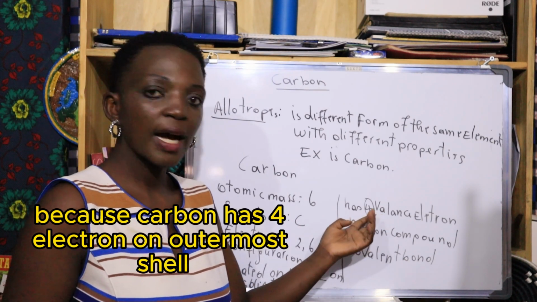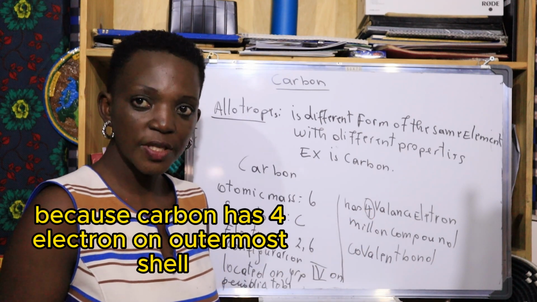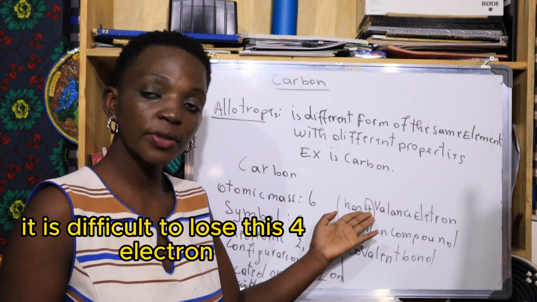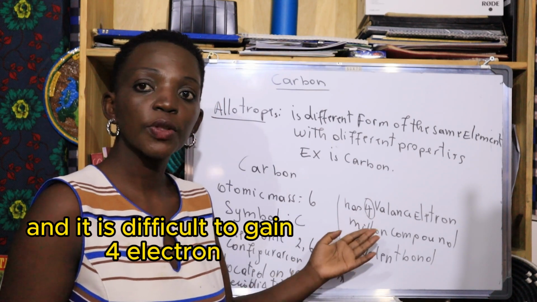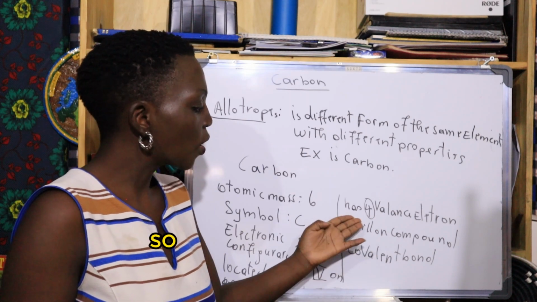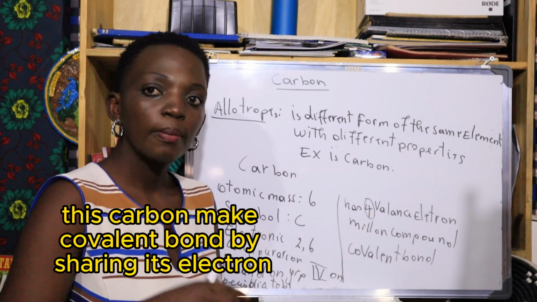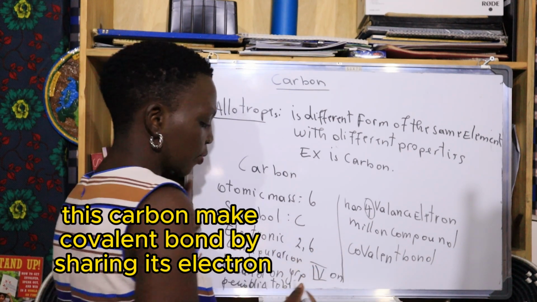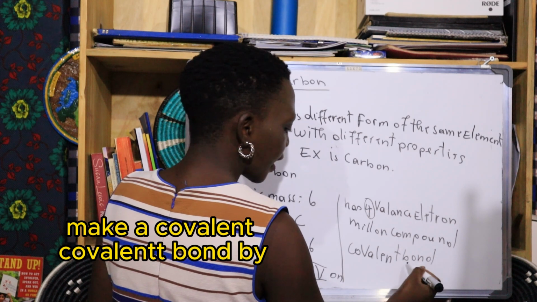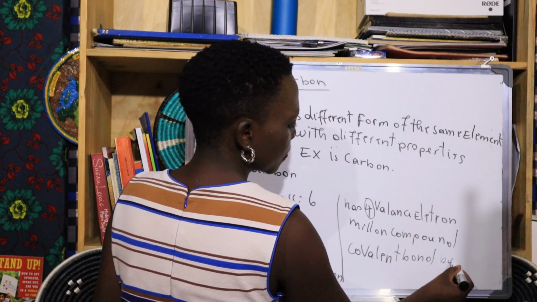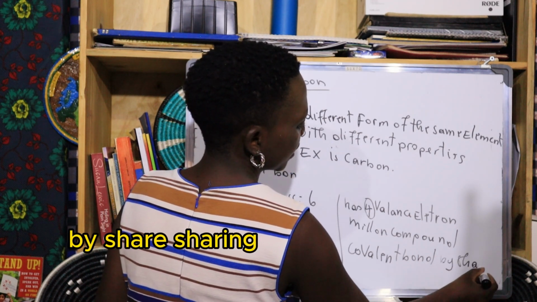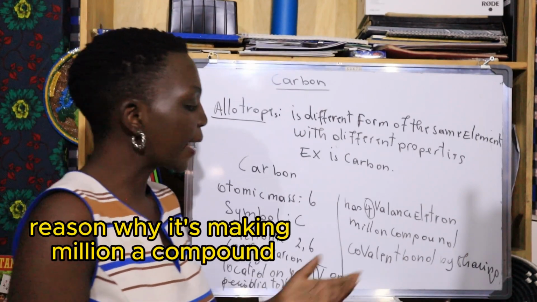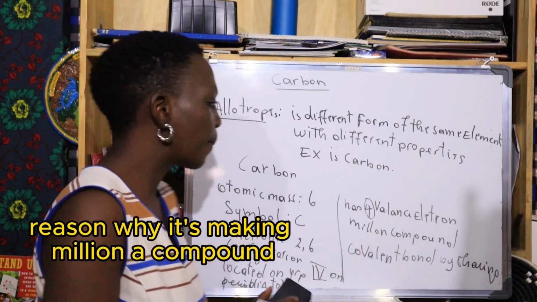Because carbon has 4 electrons in its outermost shell, it is difficult to lose these 4 electrons, and it is difficult to gain 4 electrons. So carbon makes covalent bonds by sharing its electrons. This is the reason why it makes millions of compounds.